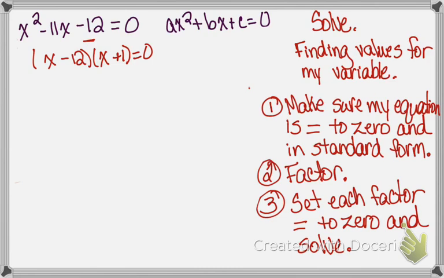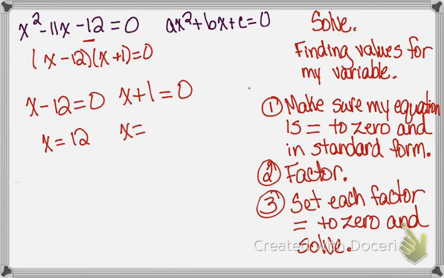Okay, so now I've got x minus 12 equals 0 and x plus 1 equals 0. So x is 12 and x is negative 1. Okay? So those are the solutions to this quadratic.